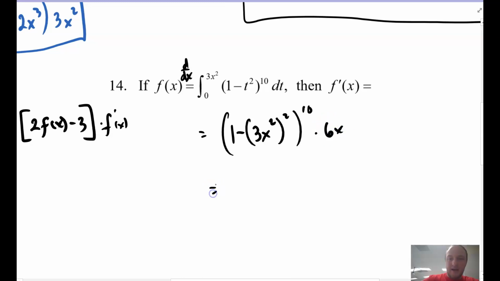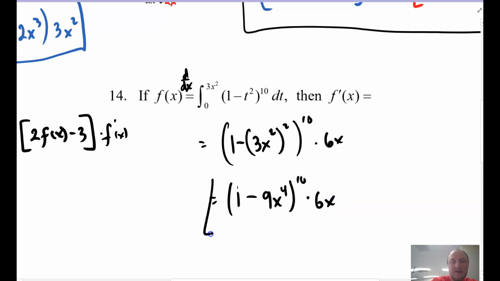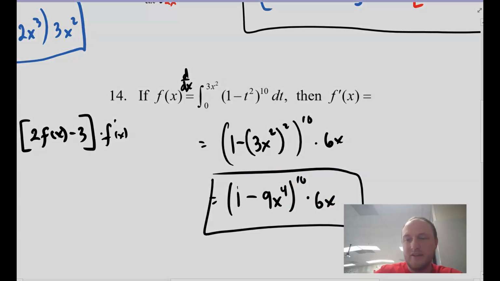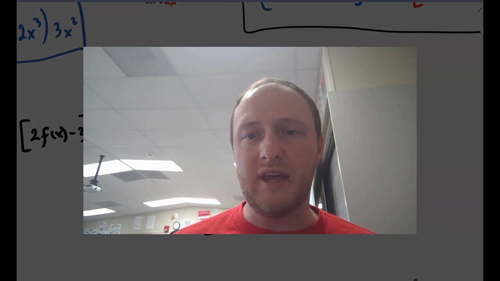And minus, again, our lower bound, which is 0. But I'll clean this up. So this is 1 minus 9x to the 4th, to the power of 10, times 6x. And there's your answer.